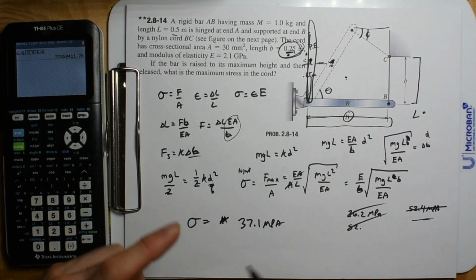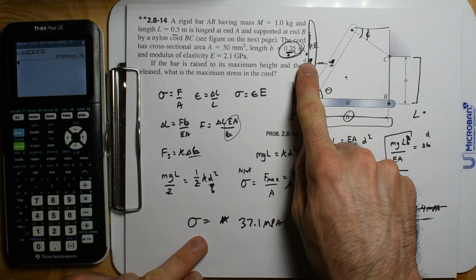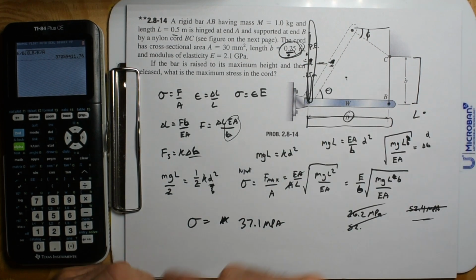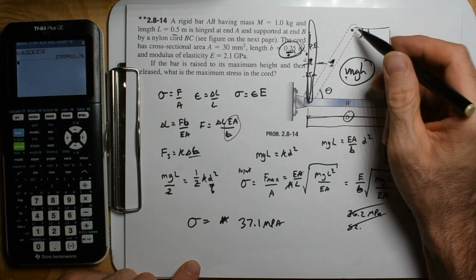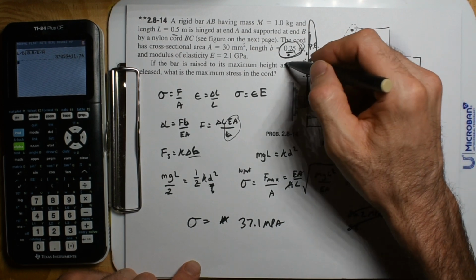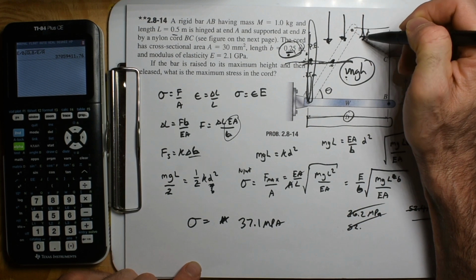Now I just don't have the wind in my sails tonight to actually go through it. On another night we'll actually prove MGH. You know what I mean? Why is that the energy? Why, when you drop it from this height? Well, it's because the force of gravity is only in one direction.